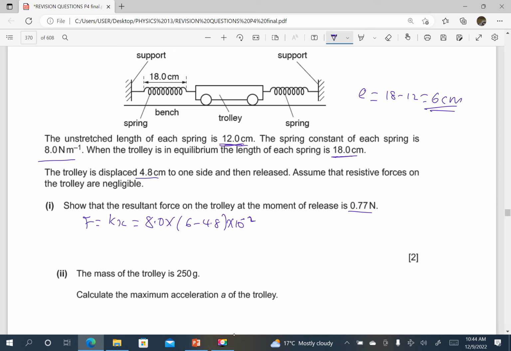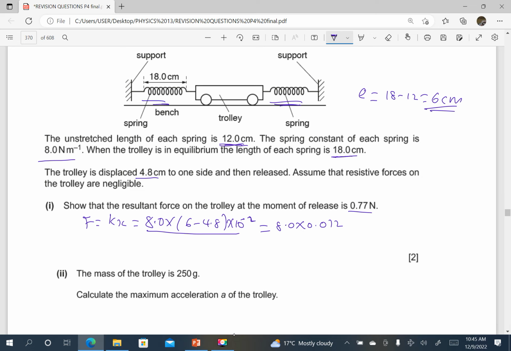This is going to give us 6 minus 4.8 times 10 power negative 2, and then the resultant force. This is for the other side of the compression. That is 0.012. So this is giving me 8.0 times 0.012. That is for the other one which is compressed.